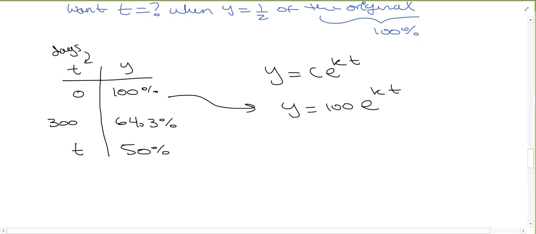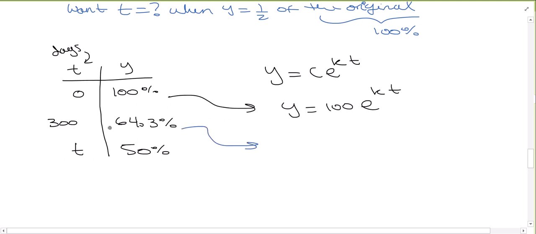Oftentimes we have a given amount that is going to help us solve for k, and then we have our unknown. Once we have k, we can solve either for t or for an amount. In this case, we're solving for t. We want the half-life, which is a measure of time. So let's use the second value.